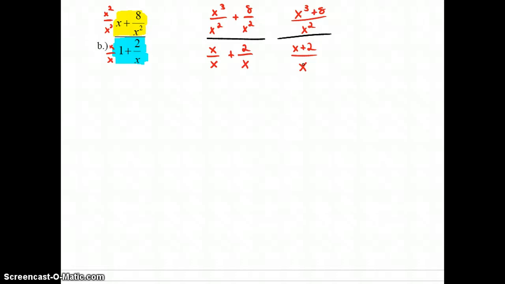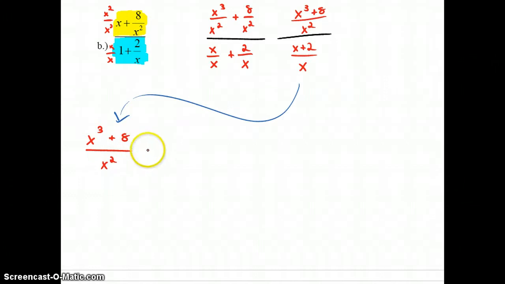Now that I've combined my terms, I now have some standard fractions over fractions, no longer putting them together piece by piece. I can divide my fractions. The way that we do that is by flipping and multiplying. X cubed plus 8 all over x squared, now it's times, and if I flip the bottom fraction, x over x plus 2.